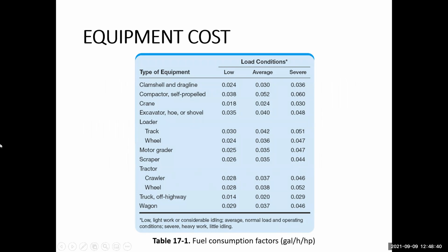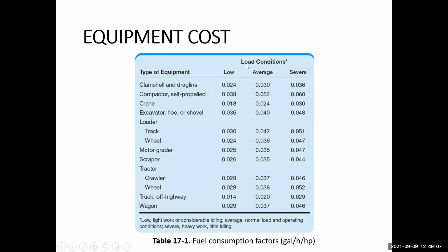So for example, in this table, if we have a track loader, this track loader can be considered to consume 0.03 of fuel under the load conditions, which are low, average, severe.